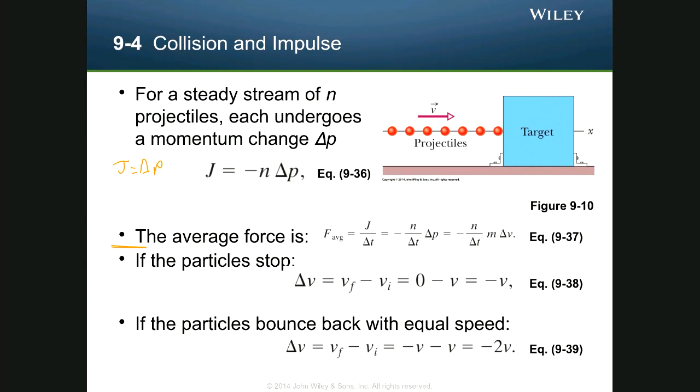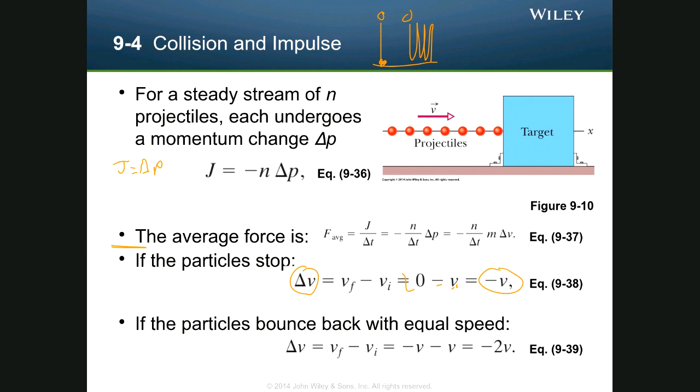When we look at this, we can also look at an equivalent situation where we're dropping particles. Two seemingly identical particles, but one sticks to the ground and the other is like a bouncy ball, it goes up and down. If the particles in this situation stop, we have this delta V term where our final velocity is 0 and our initial velocity is V, so our net delta V is going to be minus V. When you plug that in here, you get a nice positive number for the average force.